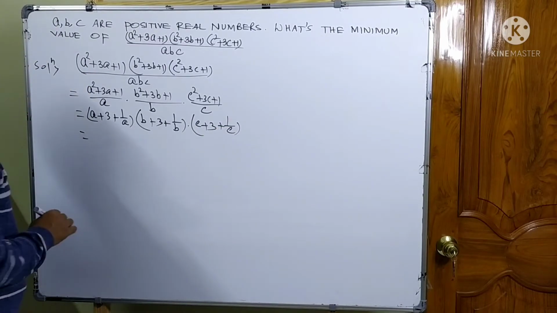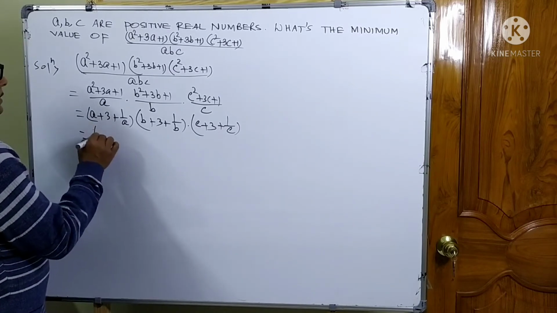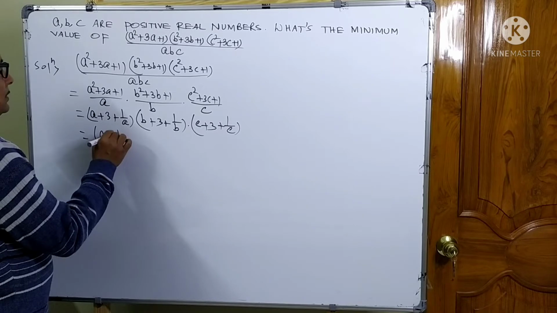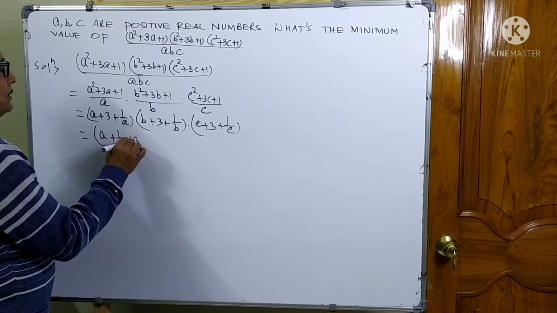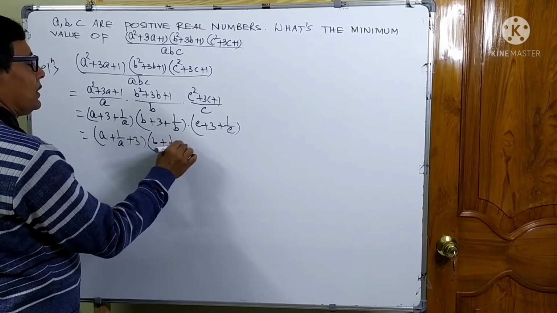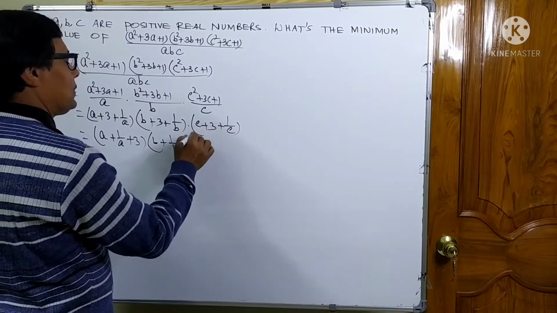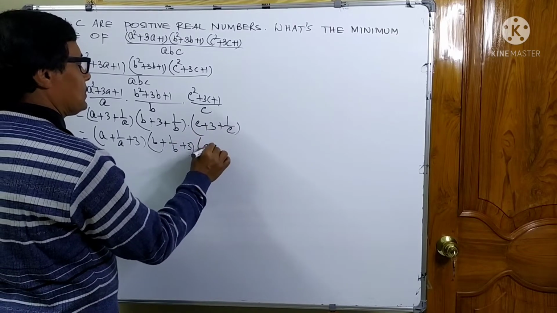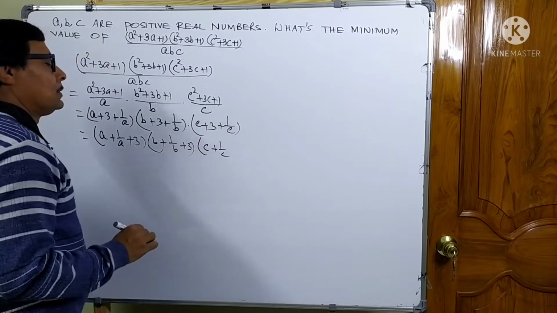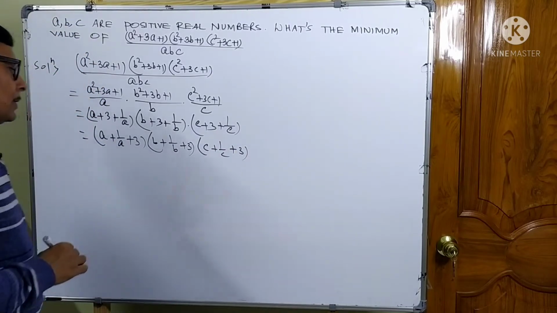Now we can write this as (a + 1/a + 3)(b + 1/b + 3)(c + 1/c + 3).